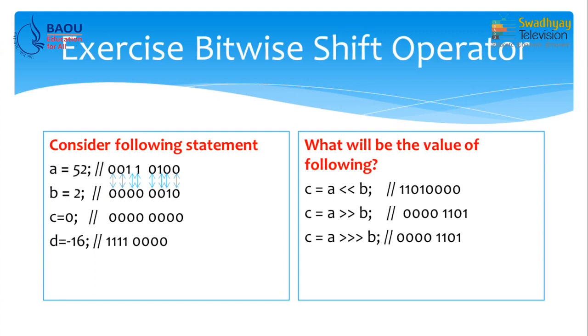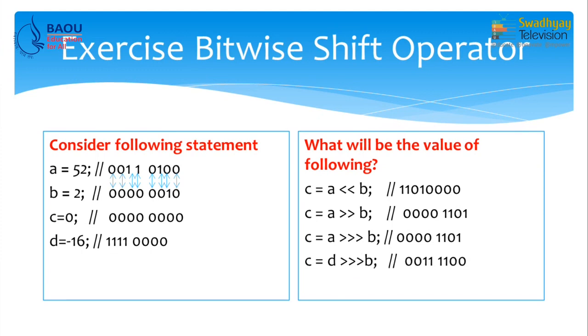Now, what is the difference between the second and the last operator? Generally, if the value is negative, it will be converted into positive. Here, this will again shift all bits of A by 2. So, the result is the same as in the previous example, but what will happen if the value is negative?